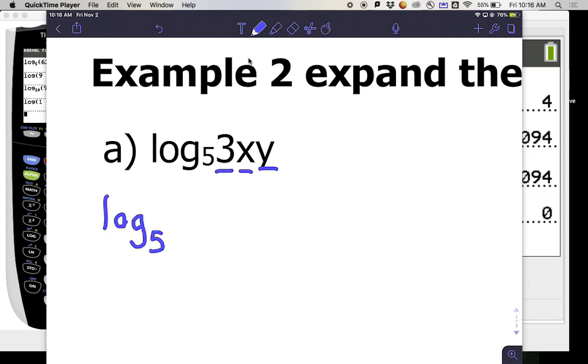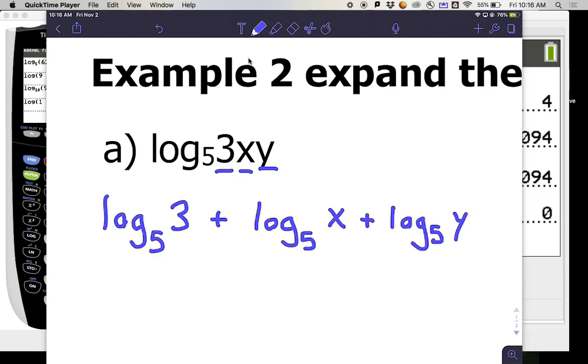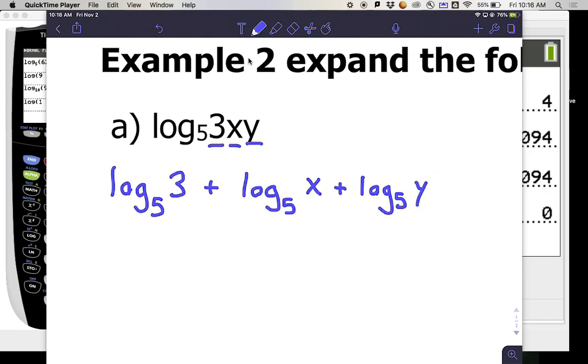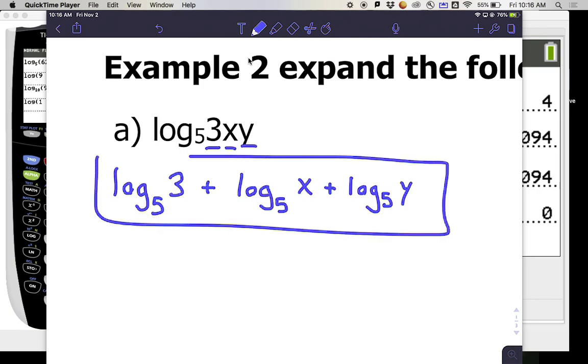We're going to write log base 5 of 3 plus log base 5 of x, and then plus log base 5 of y. Okay, and that is all you can do as far as expanding. So you're just writing these as multiple logs.